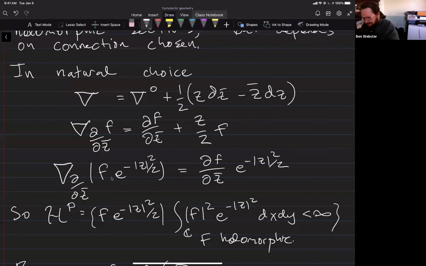So you can work out that you can get rid of this annoying z̄/2, z/2 by taking f and multiplying it by e to the minus norm of z squared over 2. Take a covariant derivative with respect to this connection of that with respect to d/dz̄, you get the usual derivative with respect to d/dz̄ times this Gaussian function.